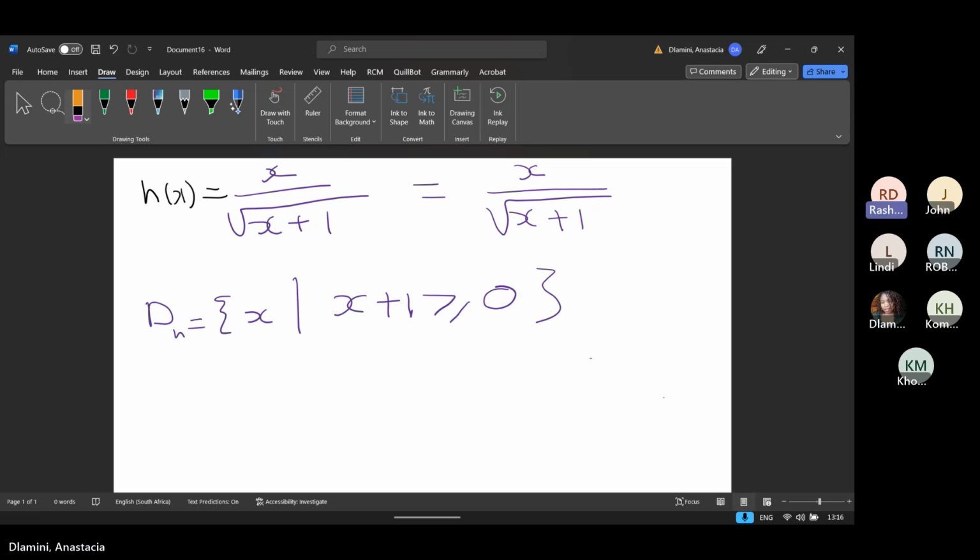Is it in the original function or in the domain? Look at your function and tell me what is wrong with whatever we have written in the domain. Shouldn't it be x divided by x plus 1 is greater or equal to 0? The function is fine, but our domain sounds right, but there's something we are missing here.